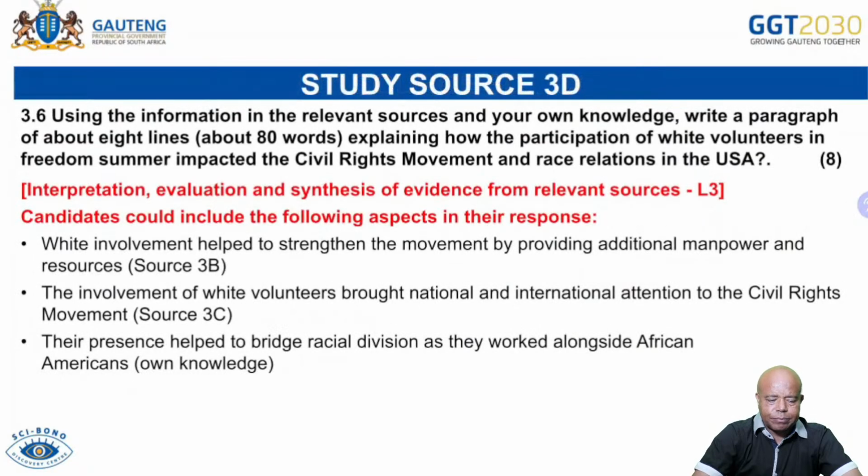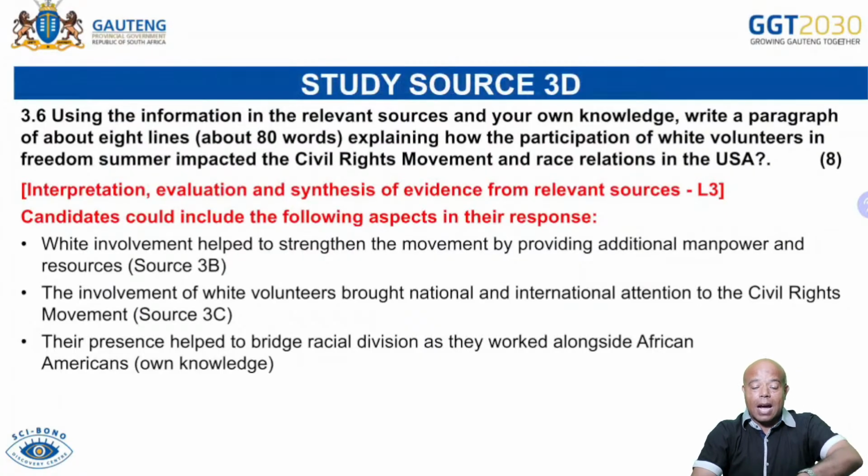Let's go back. The first answer here is white involvement helped to strengthen the movement by providing additional manpower and resources. Learners, it's important that you indicate where you found this particular answer. Next one, the involvement of white volunteers brought national and international attention to the civil rights movement.